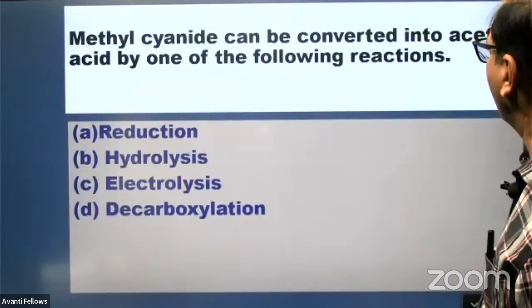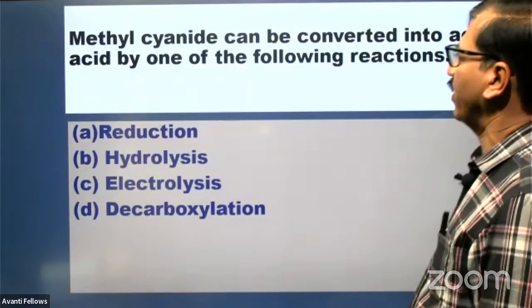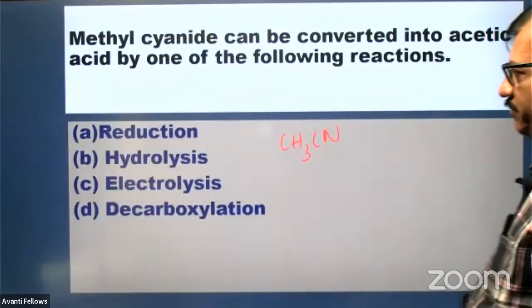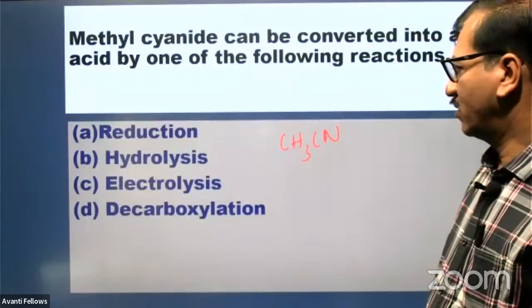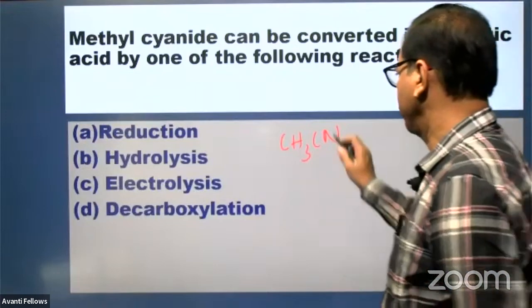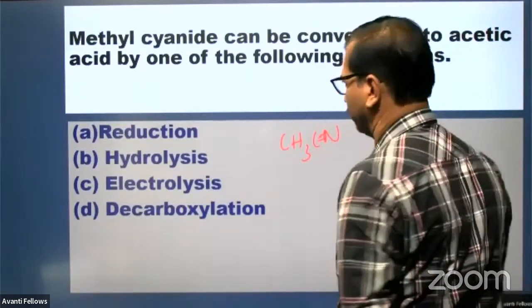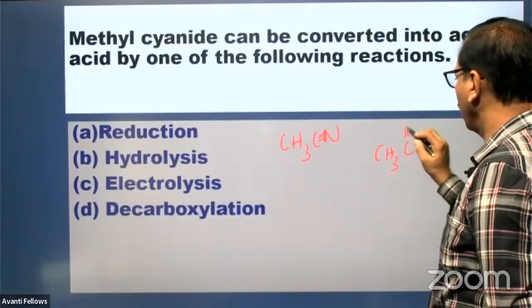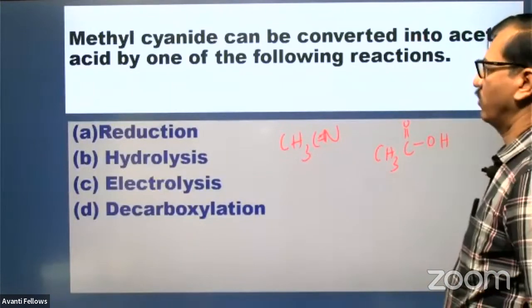Methyl cyanide can be converted into acetic acid by one of the following reactions: hydrolysis, electrolysis, decarboxylation. Hydrolysis. So this is CH3C≡N, and ultimately you want CH3COOH, acetic acid.